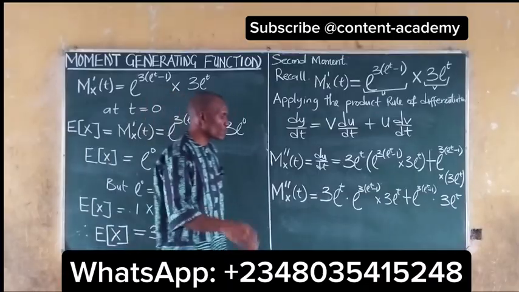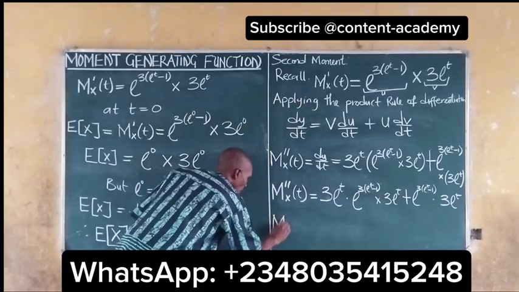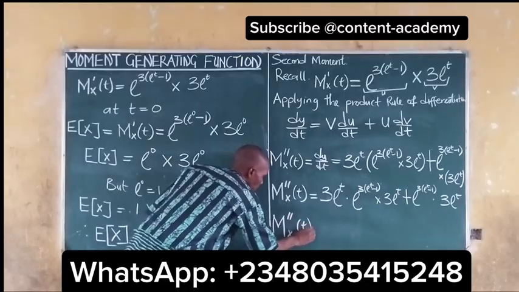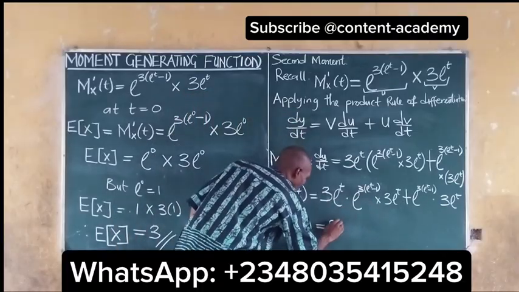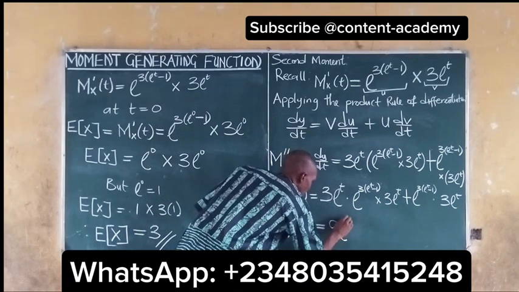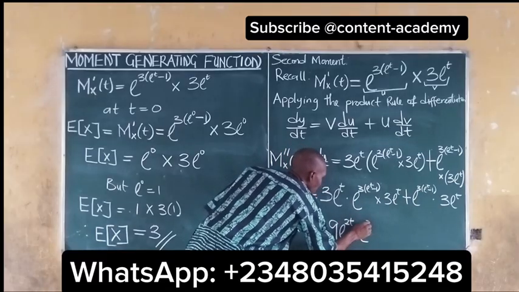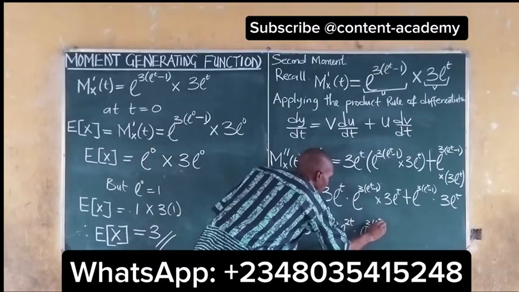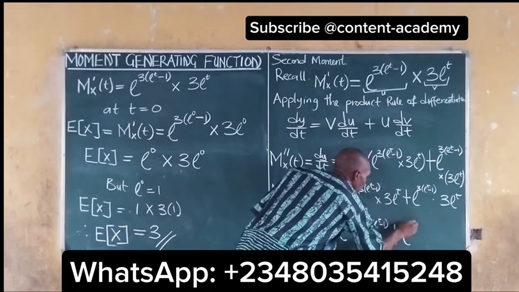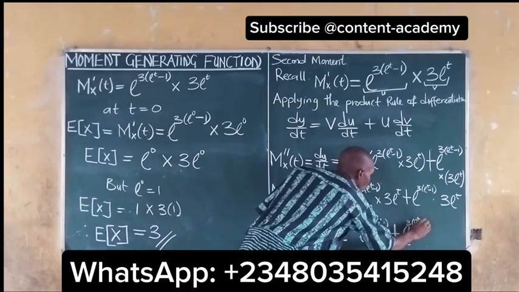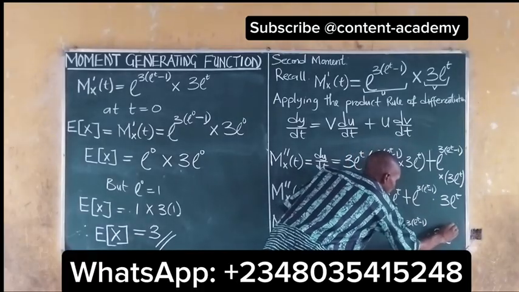Now, the next thing to do is to rewrite this out properly. Our second moment, we can multiply this to give us 9e^(2t), this multiplied by this, multiplied by exponential 3(e^t - 1), plus exponential 3(e^t - 1) multiplied by 3e^t.